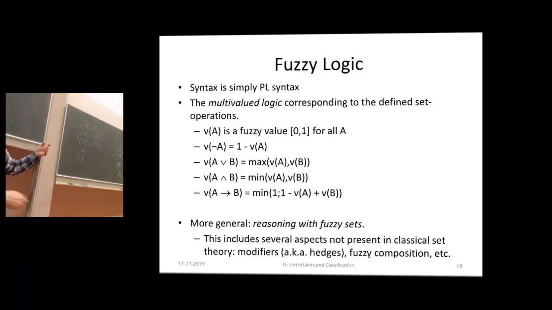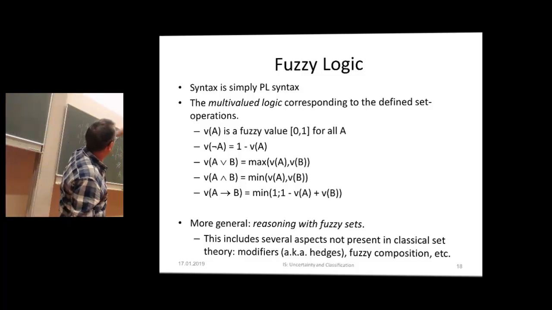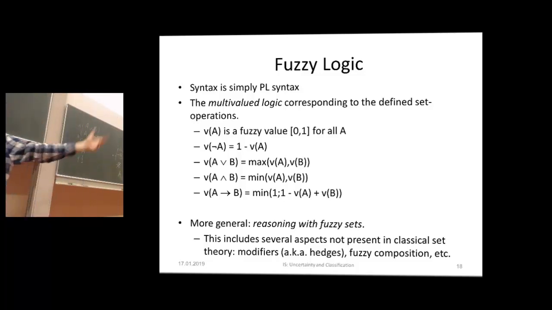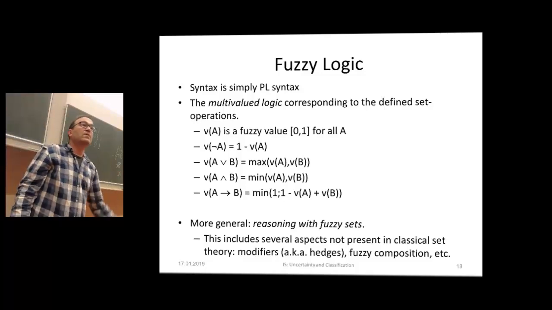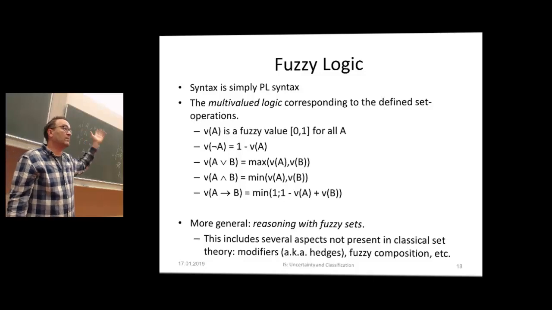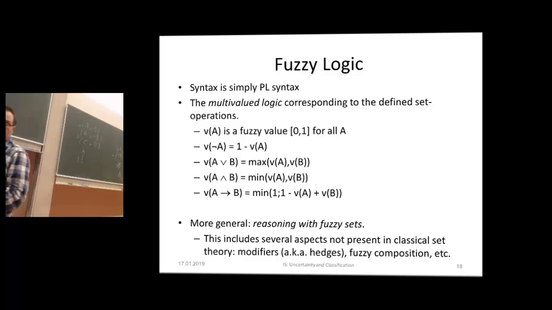And if I have an implication, I take the min between 1 and 1 minus VA plus VB. Yeah? So each of those operators, given the input of some number, recursively allows me to calculate the fuzzy value of a complex formula.